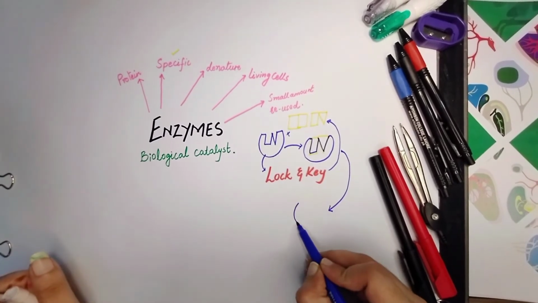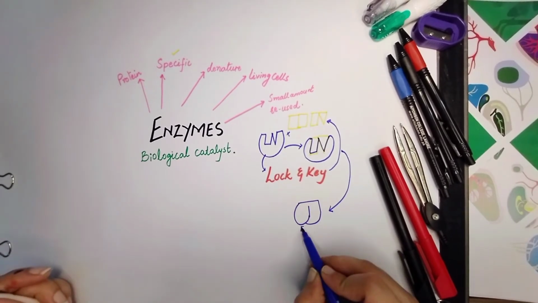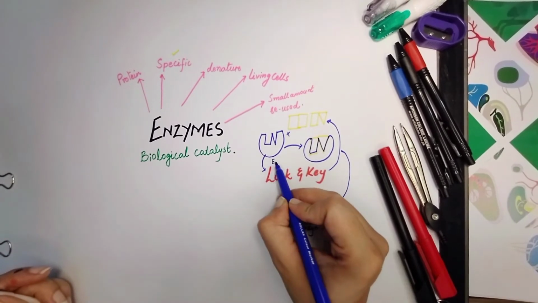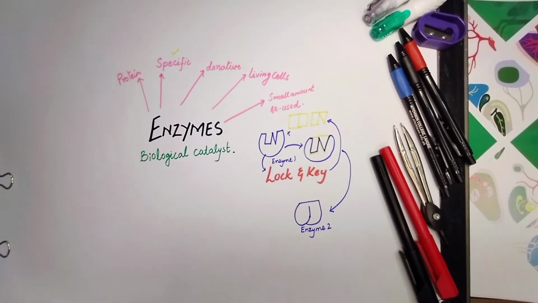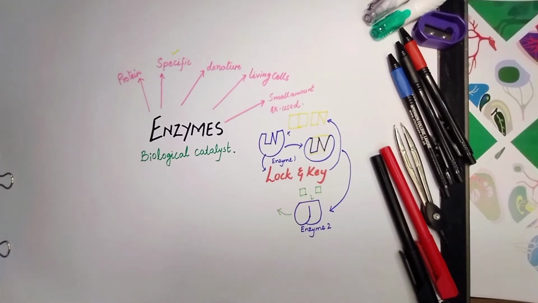When a substrate binds to the enzyme, the next step is the formation of the products. The enzyme remains the same, whereas the product is formed at the end of the reaction.